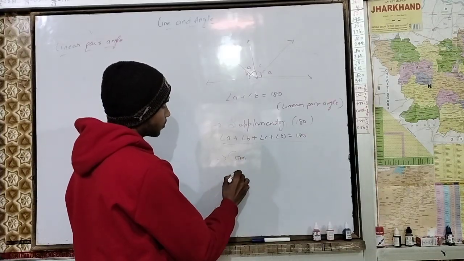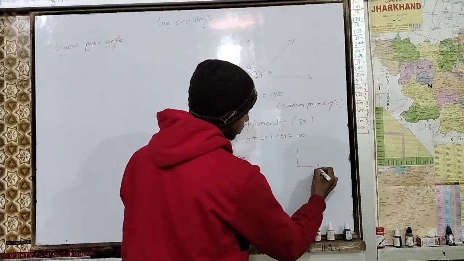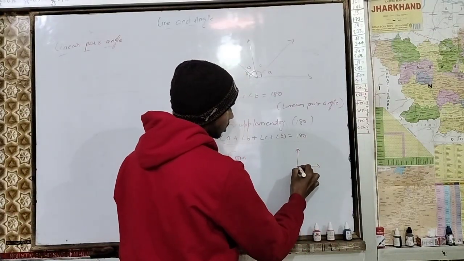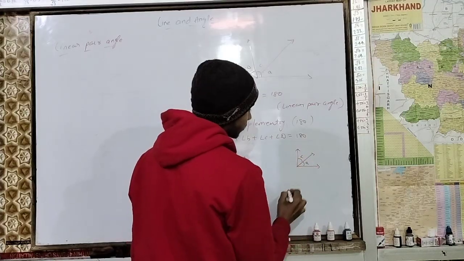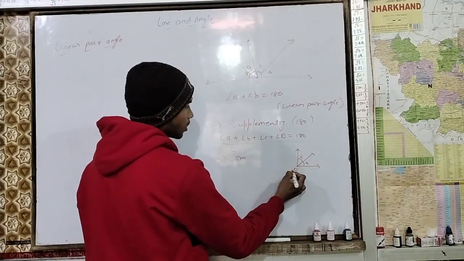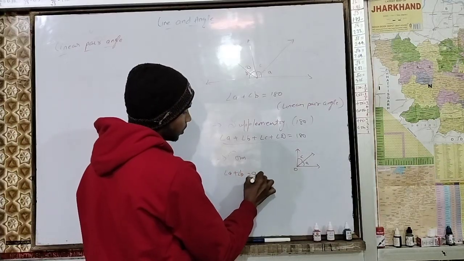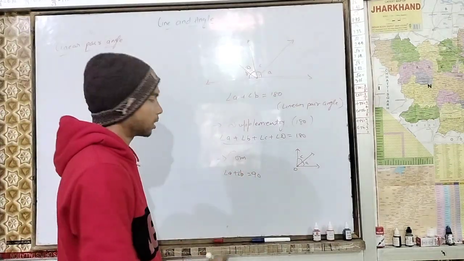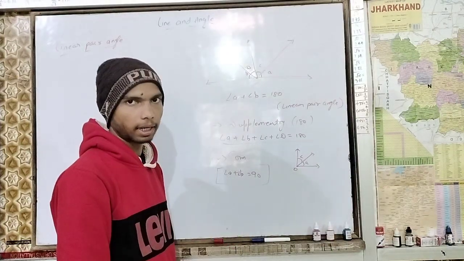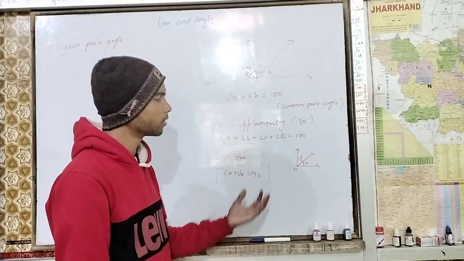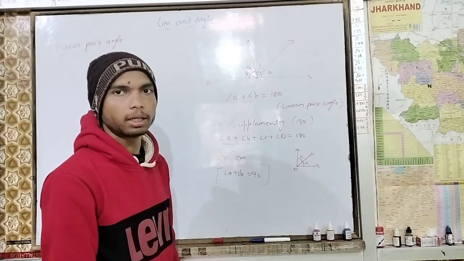now look at this figure. Here angle A plus angle B is equal to 90 degrees. Now we are able to call it a complementary angle because the sum of these two angles is 90 degrees.